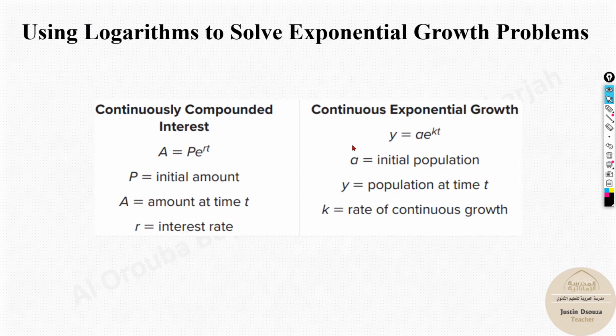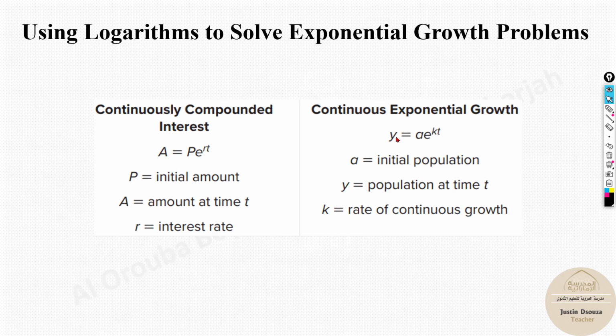Now, this formula we had dealt with was continuously compounding interest, where A was the amount after certain time and P was the initial amount, what was invested, or that initial amount that was given. E is Euler's number, R is the rate of interest, and T is time.